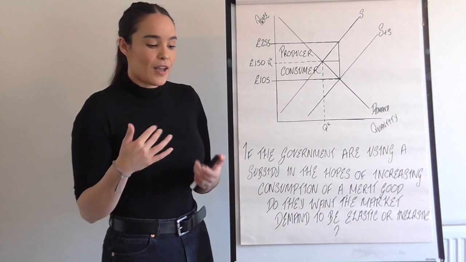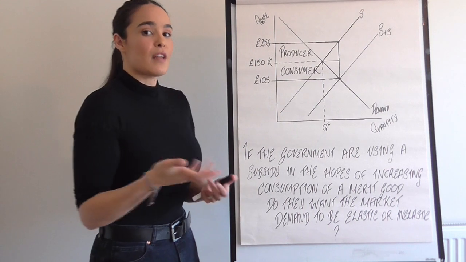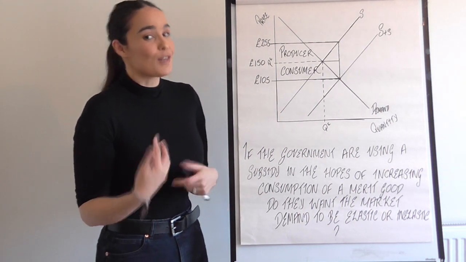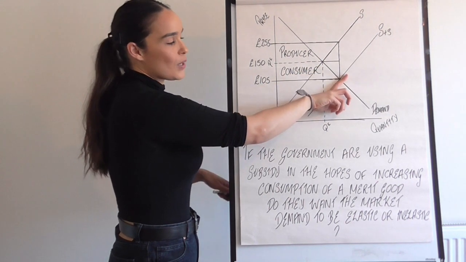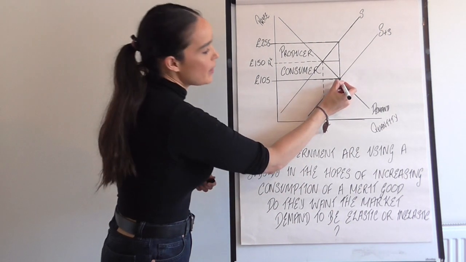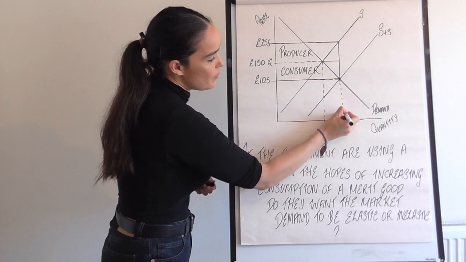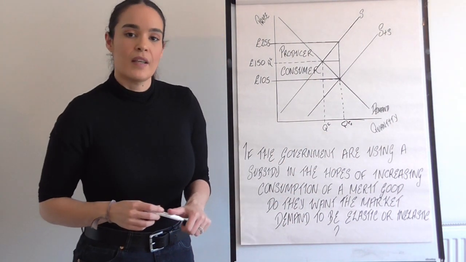Then you want to show the shift in the supply curve, because we know there is a subsidy which is going to shift out the supply curve, and we can see here that there's been a shift from S to S plus subsidy. And you have a new quantity equilibrium and a new price equilibrium as well.